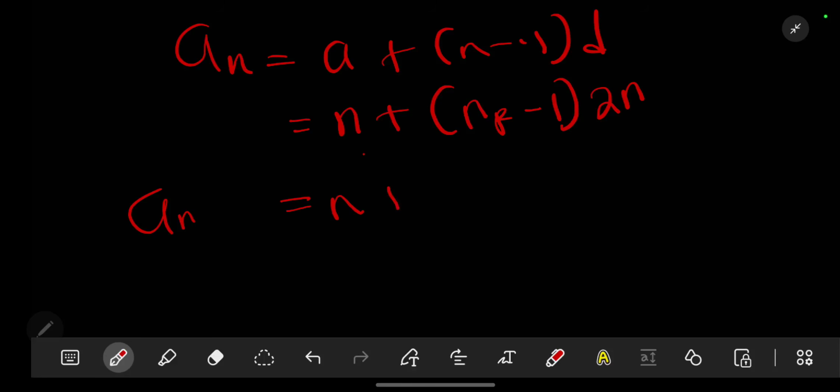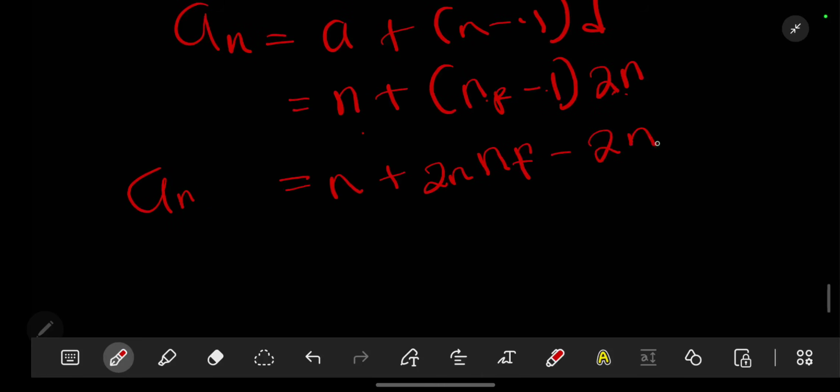So we have n plus, this multiplies everything: 2n times n_f, and 2n times negative 1, which is minus 2n. So we are going to have 2n n_f minus 2n plus this n. We are just rearranging.